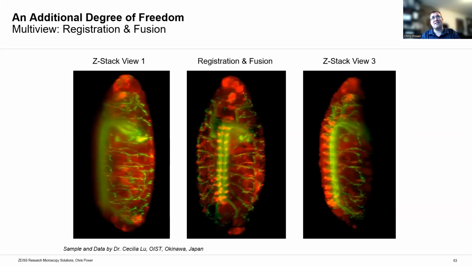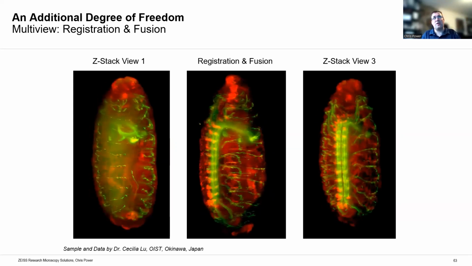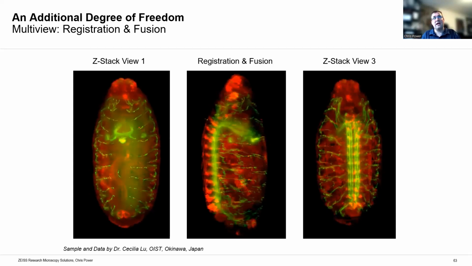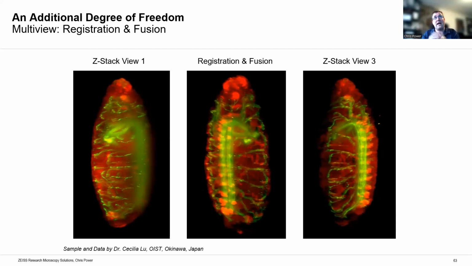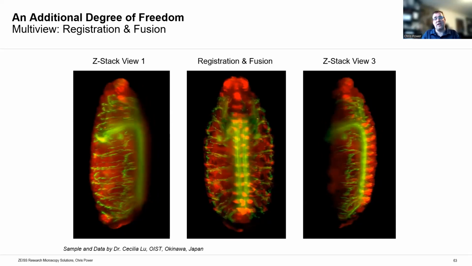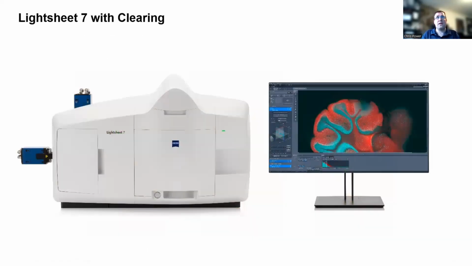The third reason is that some of these chemicals you don't want anywhere near your lenses, or you definitely want to be really careful with the liquid, and Lightsheet has really good liquid handling. So these 3 things came together, and we suddenly realized, okay, Lightsheet does work well for clearing, and we adapted the product to be able to deal with that.